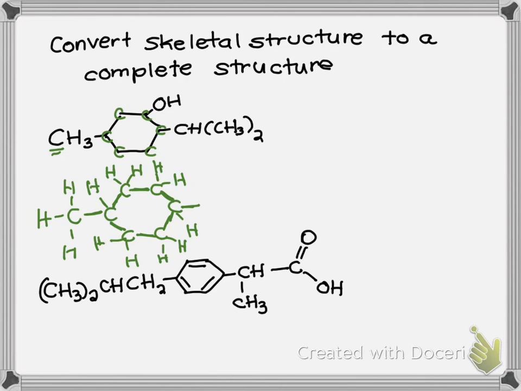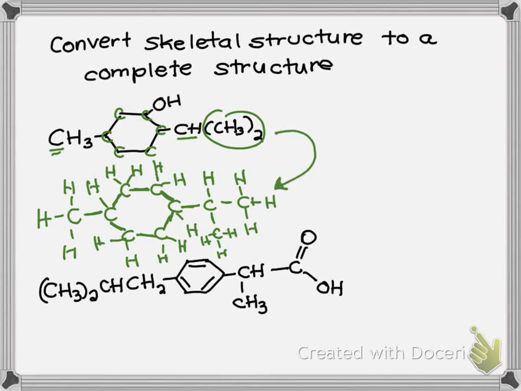Okay, that's that part. Now I have a C with an H, and then it has 2 CH3s attached to it. So there's 1. And I guess I'll have to come down here, 2. So this guy makes this.